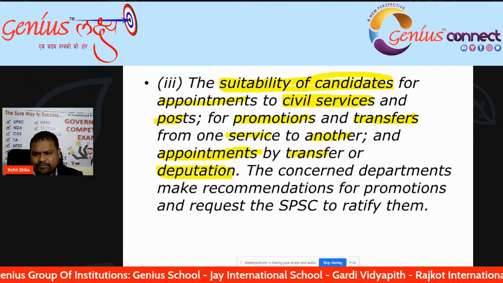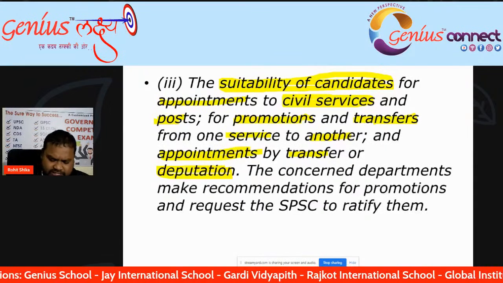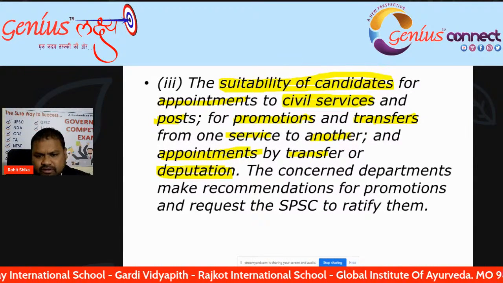All these are important responsibilities of State Public Service Commission.